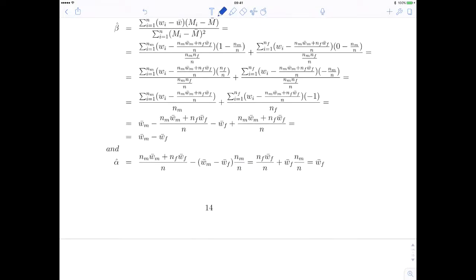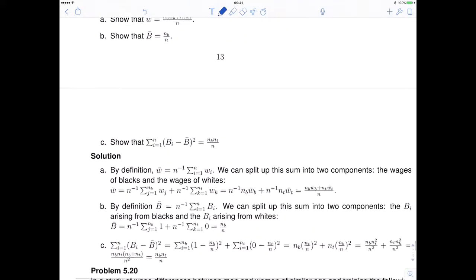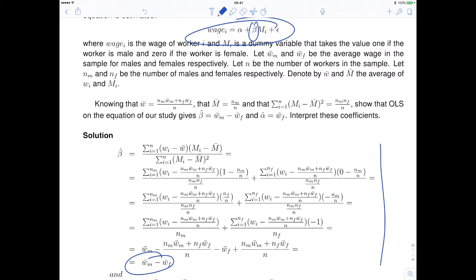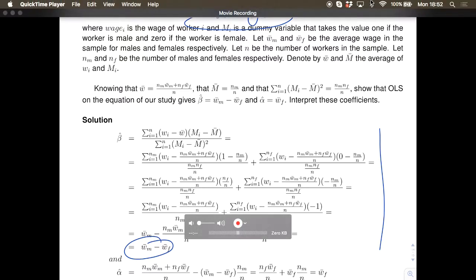Okay, so that's what you are trying to show here, right? You can look through these manipulations, and if there are any bits you don't quite understand, but if you were able to do 5.19 and you understand 5.19 enough, then it really builds on that, and it's a matter of just some manipulations on that particular bit over there.